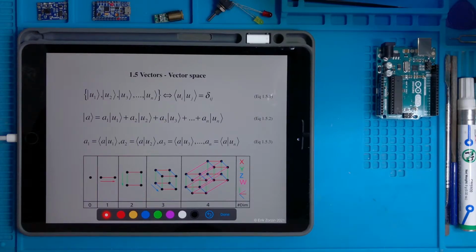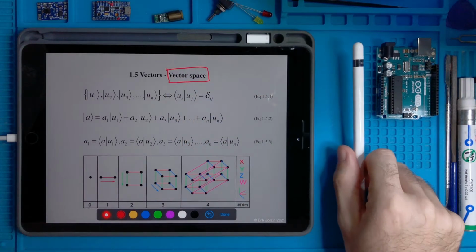So we said that a vector can be written or drawn, let's say, within a reference frame. So this leads us to the concept of geometry, which is called vector space.